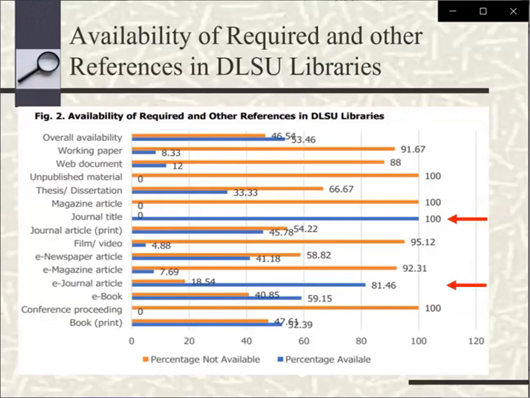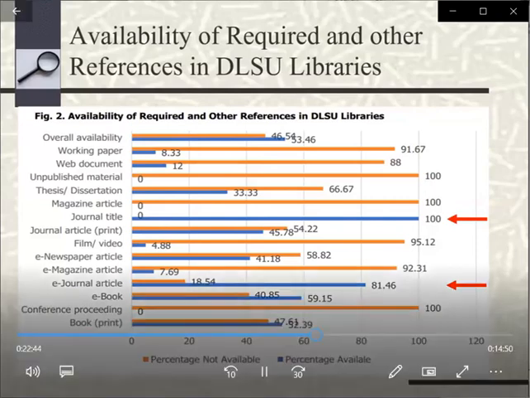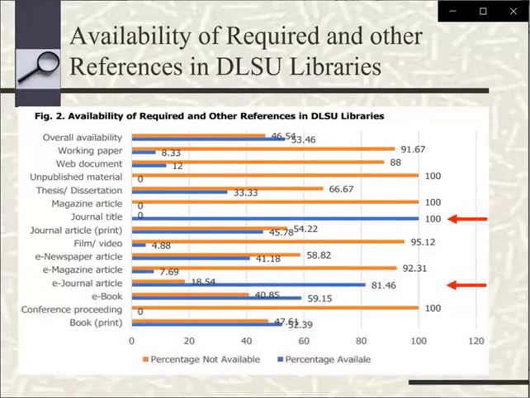This, however, is in contrast with the investigation of Hill, which reported that more business and economic faculty are consulting the library subscriptions first all the time. That is 57% compared to Google Scholar, which is 30%.